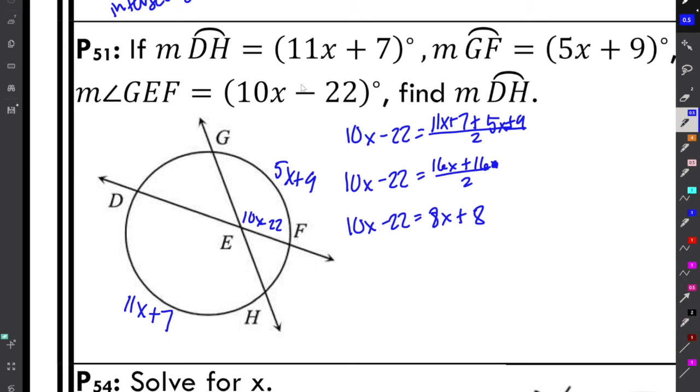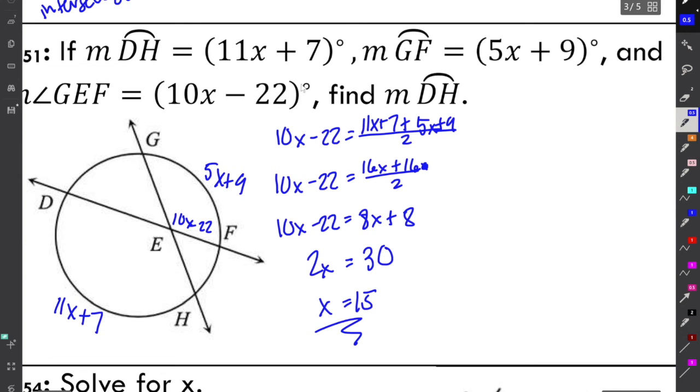Subtract 8x from both sides, you get 2x on the left, add 22, 2x is equal to 30, so x is equal to 15. So the measure of DH is going to be, you just plug in 15 for x. And in doing that, the measure of DH is 172, excuse me.